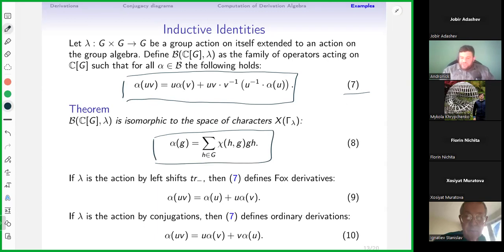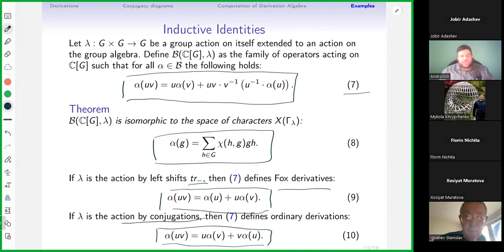Of course, the identity in view of formula 7 looks very strange, but we can take two examples. The first of them is the action of conjugations. Then you take the classical Leibniz rule, and if you take the action of shifts, left translations, then the corresponding graph is a Cayley graph, and you will get such an analog of the Leibniz rule, and it's also called Fox derivations, Fox derivatives, I'm sorry.